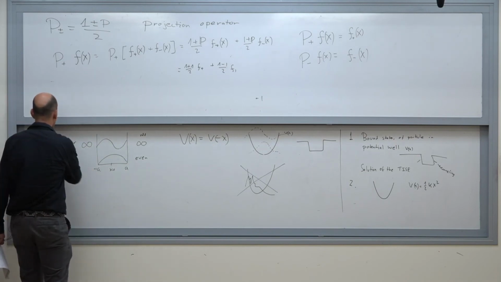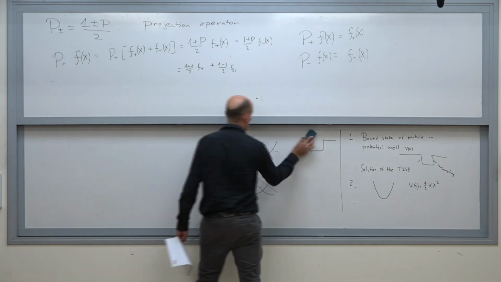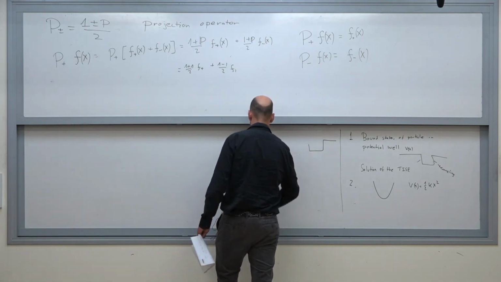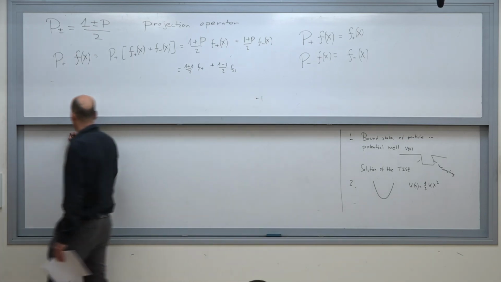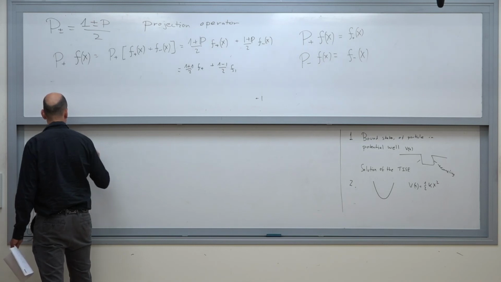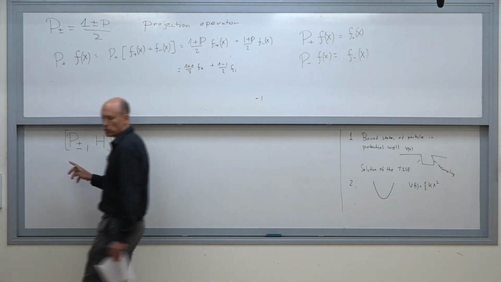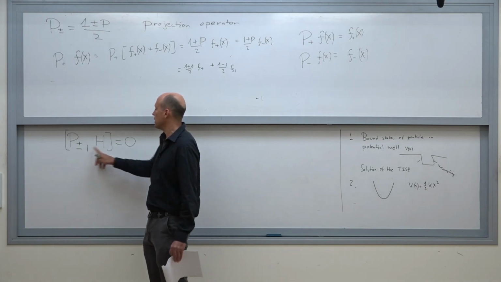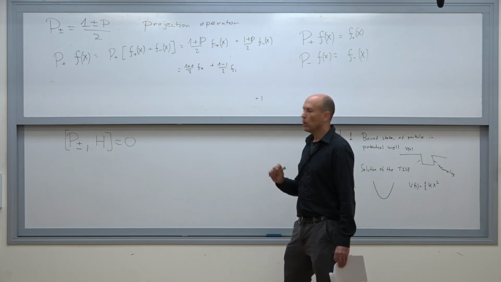So this is another operator. Now I want to show you that P plus and minus, either of them, commute with H, that is, the commutation relation between P plus and H is 0.